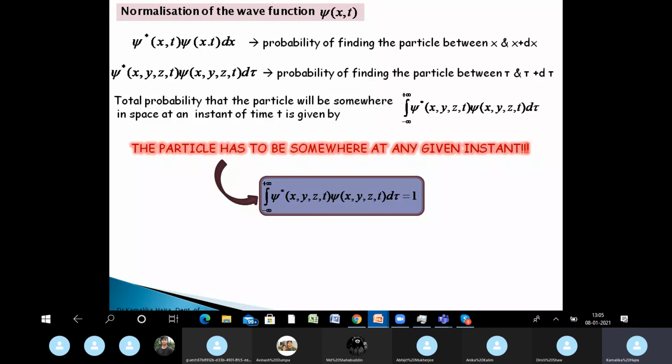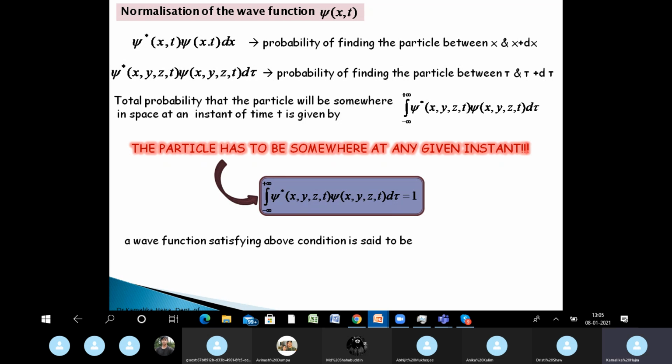Okay. So this is why the total integration from minus infinity to plus infinity of the probability density is equal to 1. In one dimension, we will replace d tau by dx. In 3 dimensions, we use the volume.